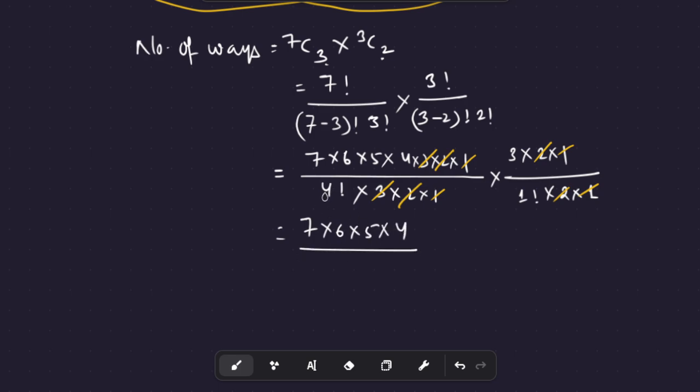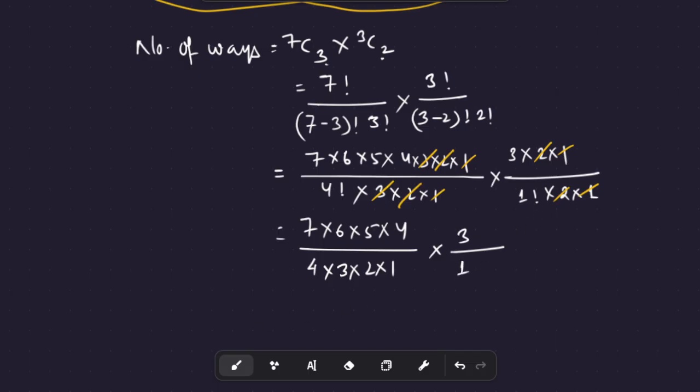In the denominator there is 4 factorial, so it can be expanded as 4, 3, 2, 1. Now 3 over 1 factorial is 3.